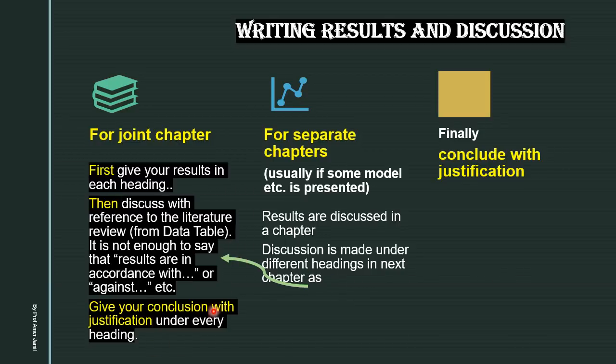As I mentioned here, it's not enough to mention that these results are in line with, or not according to, those researchers. You should give a concrete conclusion with justification under every heading.